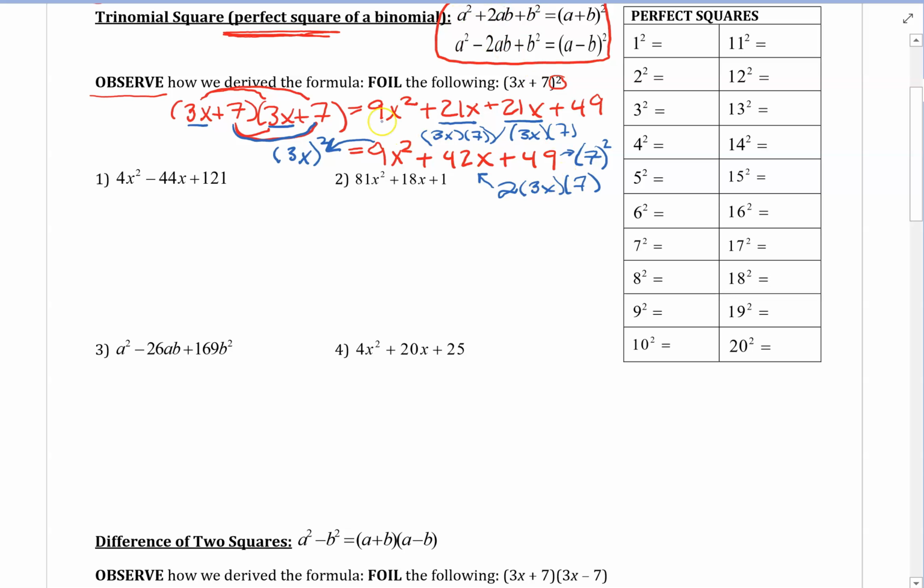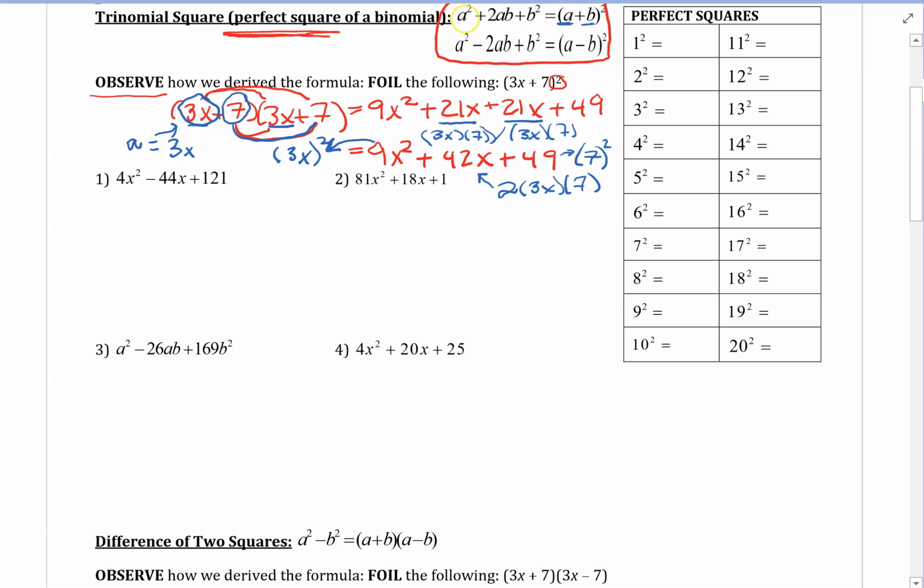And that is that when you square a binomial, the first term of the result is just the square of the first term in the binomial, which we call a. The a in this formula is 3x in this example. And the very last term always ends up being the second term from the binomial squared. So that's what the b is over here.